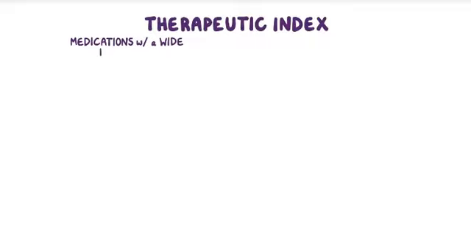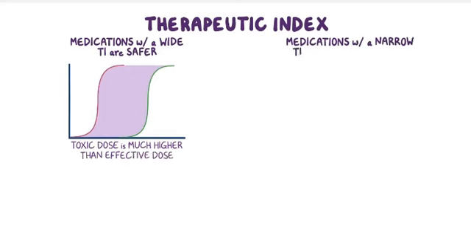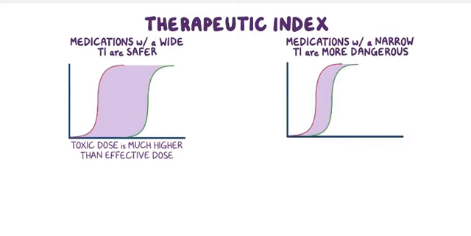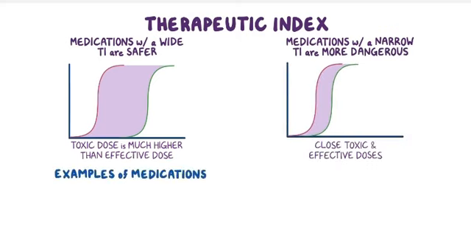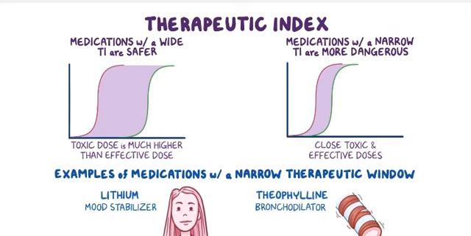Medications with a wide therapeutic index are safer, since their toxic dose is much higher than their effective dose. On the flip side, medications with a narrow therapeutic index are more dangerous, since they have close toxic and effective doses. Two examples of medications with a narrow therapeutic index are lithium, which is a mood stabilizer, and theophylline, which is a bronchodilator.